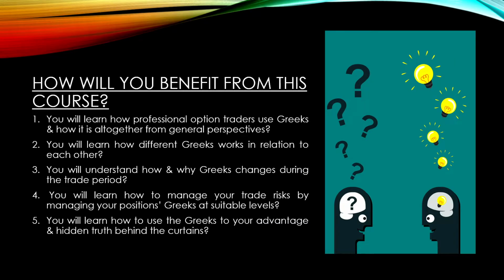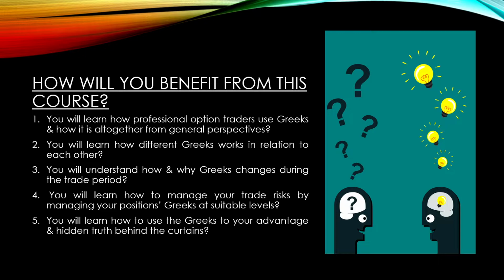So what will you learn from this course? How will you benefit from this course? In this course you will learn how the professional option traders sitting in the market, who are generally market makers or proprietary option traders, use Greeks, how they identify Greeks, how they manage their position according to the Greeks, and how the Greeks change in relation to each other.